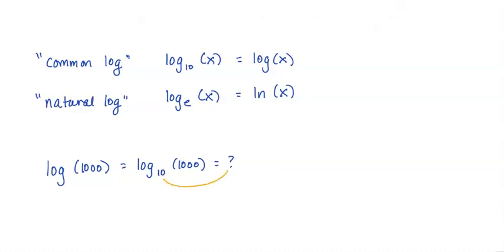This is saying 10 raised to what exponent will give you 1,000. So 10 to what power is equal to 1,000? Well, we know that 10 to the third power is equal to 1,000. So this means that log of 1,000 is equal to 3.